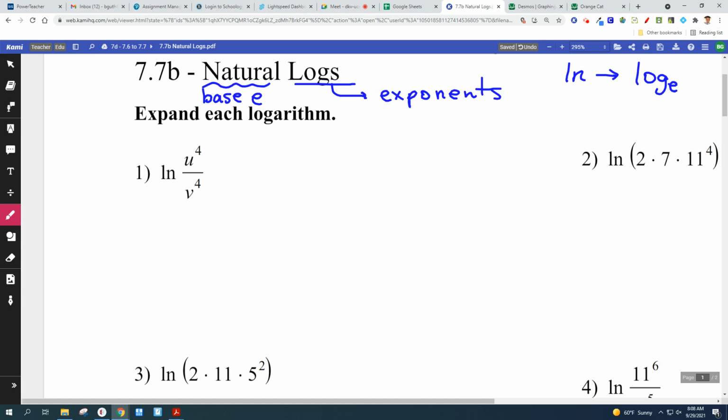The first problem says expand each logarithm, and this is the one where we said with logarithms and with exponents, division is related to subtraction. All right, division goes with subtraction.